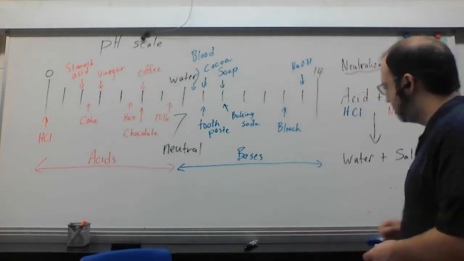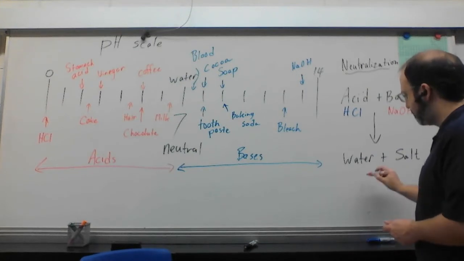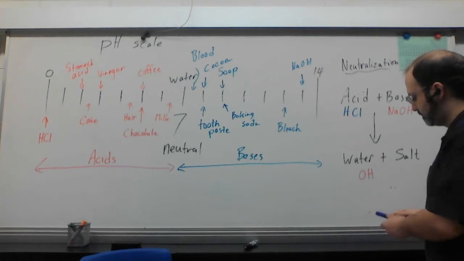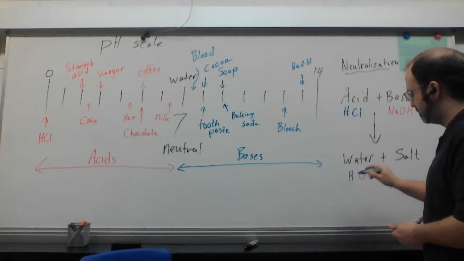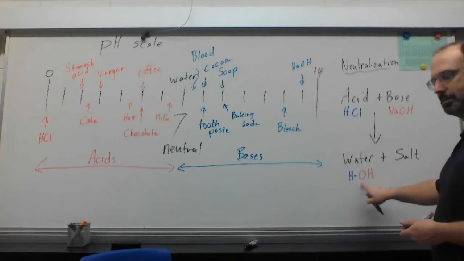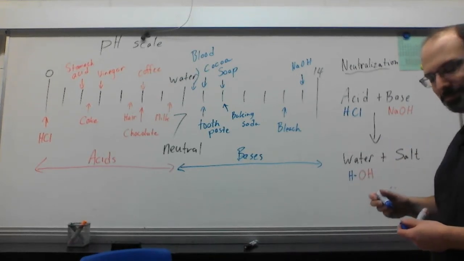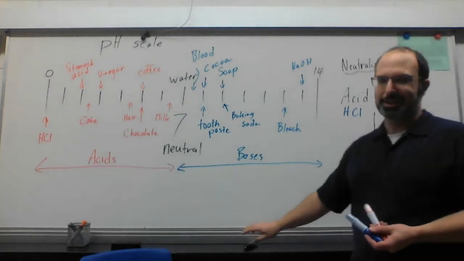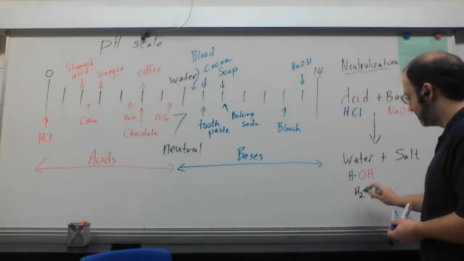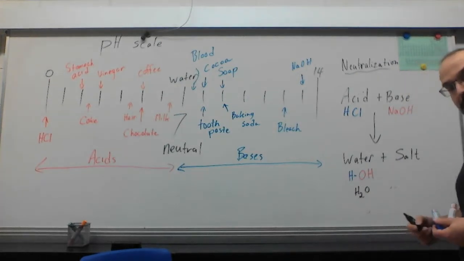H2O. HOH. Well, that's H2O. It's just written in a weird way. We almost never do it that way, right? We always write it as H2O. But it's basically the same thing, right? We're just combining the H's and the OH's together.